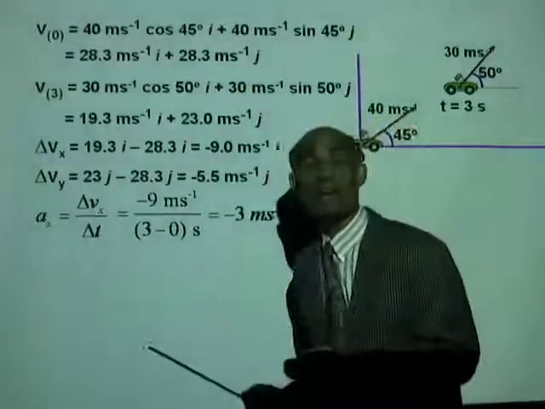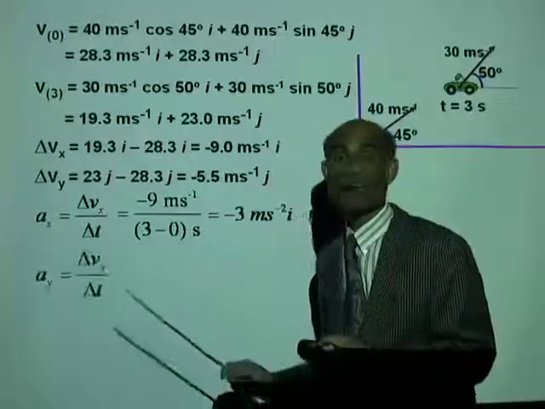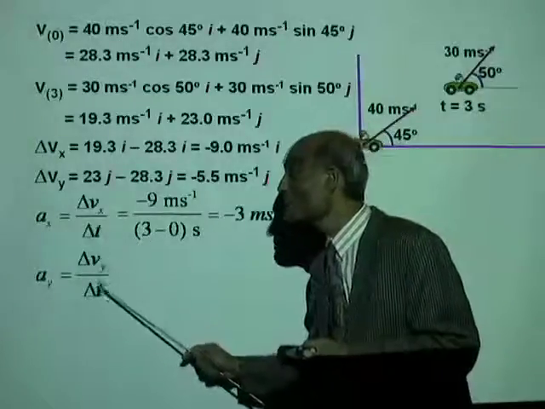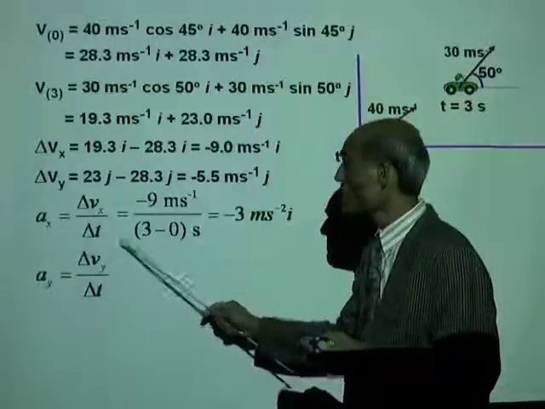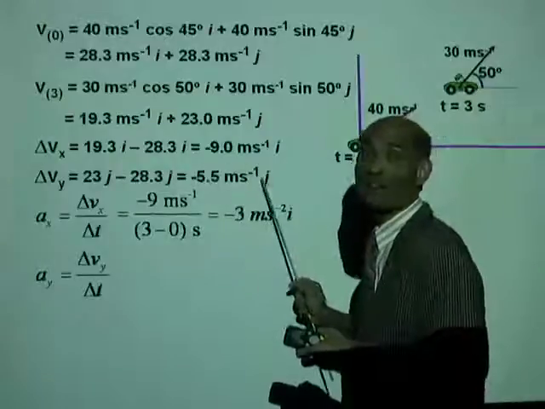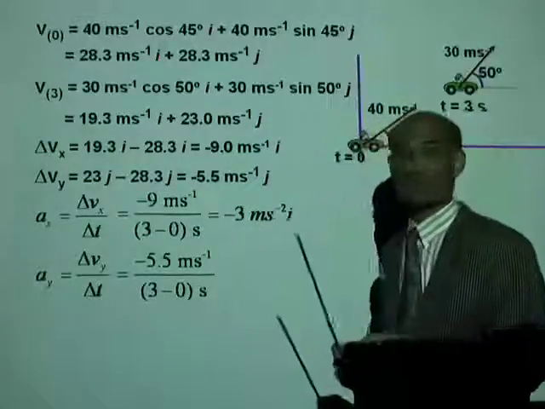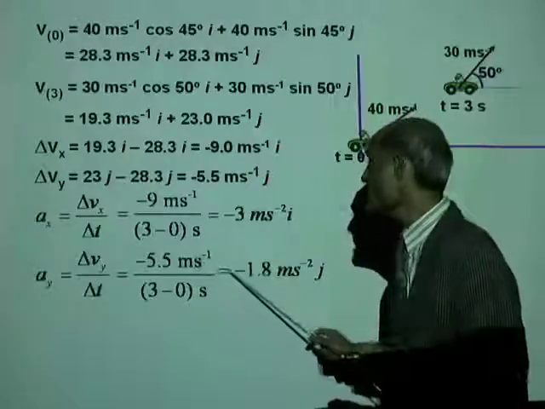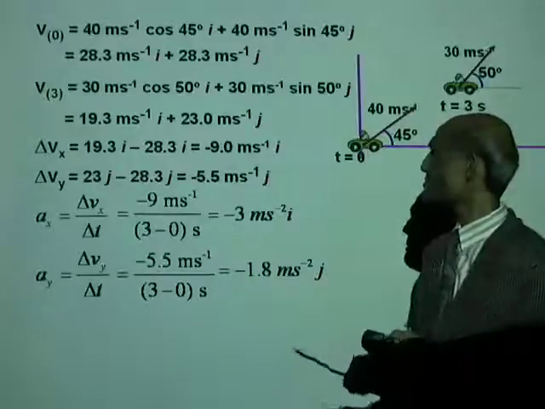What is ay? The average acceleration in the y direction is delta Vy divided by delta t. What is delta Vy? Negative 5.5 meters per second j divided by delta t, and that will be negative 1.8 meters per second squared j.